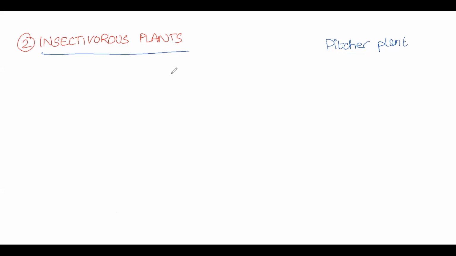Yes, Angela. It's like a pitcher, so when insects go into it, they get tangled, and there are some structures, and when they go inside, the lid-type thing closes. Okay, so you guys have a basic idea about what a pitcher plant is. That's good. So we'll be discussing the same.